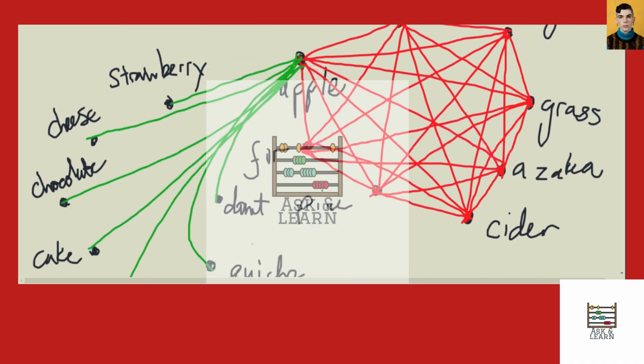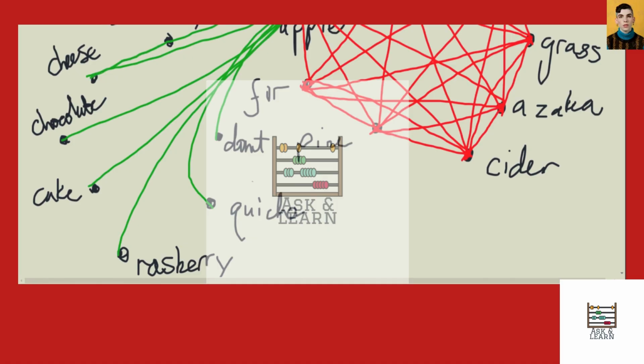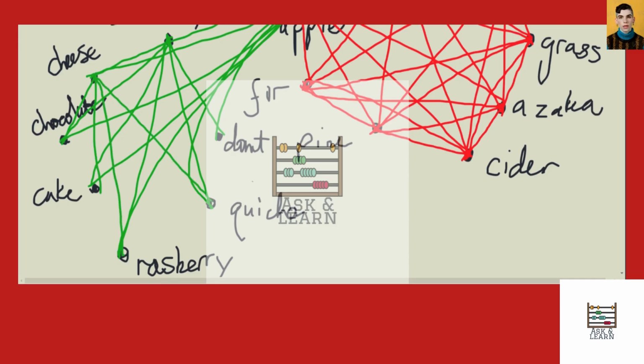We also have an edge between strawberry and cheese, chocolate, cake, raspberry, quiche, and donut. Between cheese and chocolate, cake, raspberry, quiche, and donut.